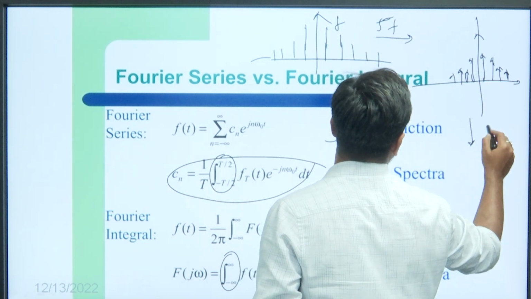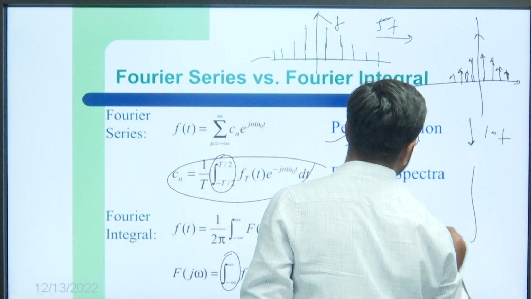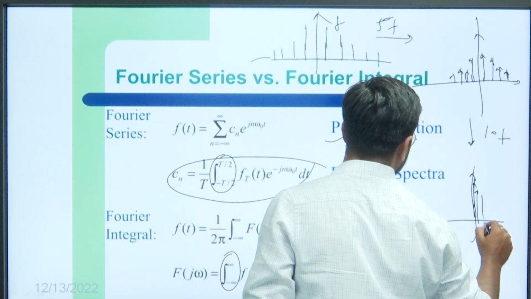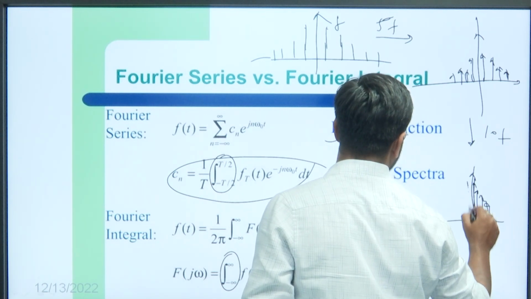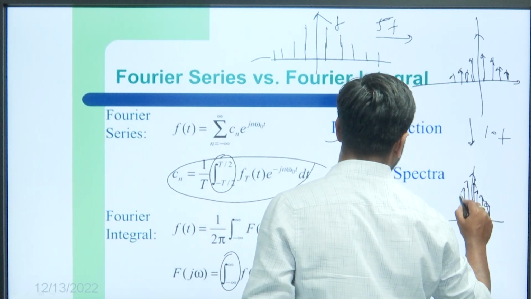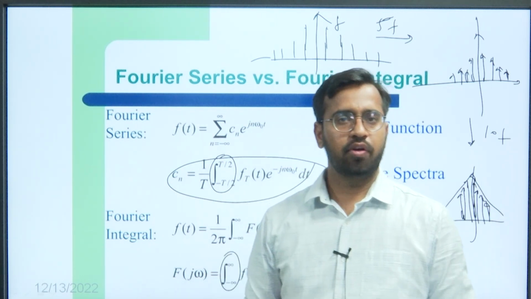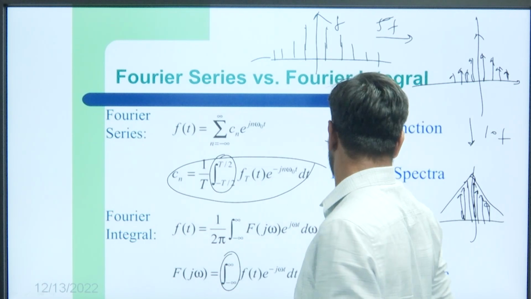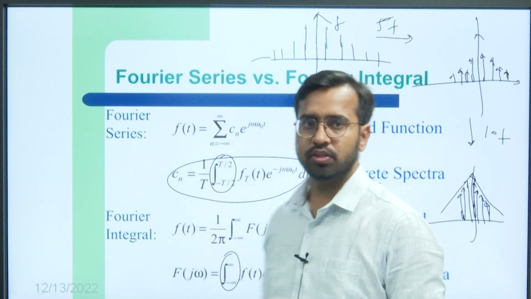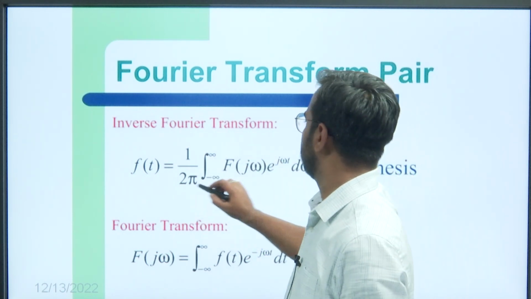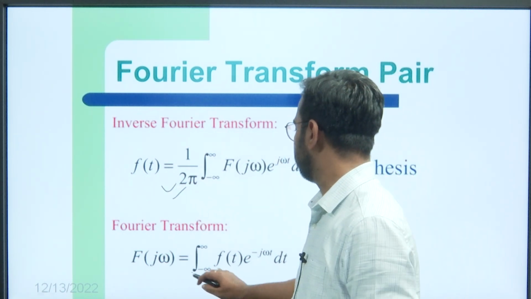Again, if you increase the frequency to 10f, it will be like this. If you increase it further, it will look like a continuous spectrum. So the same thing here also. This is what we have derived now.